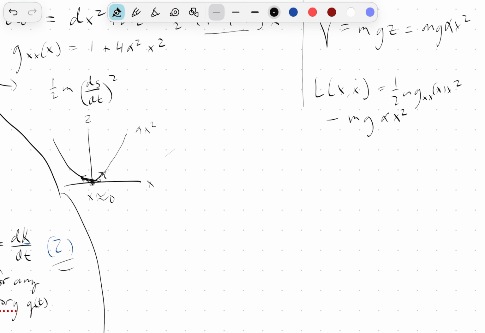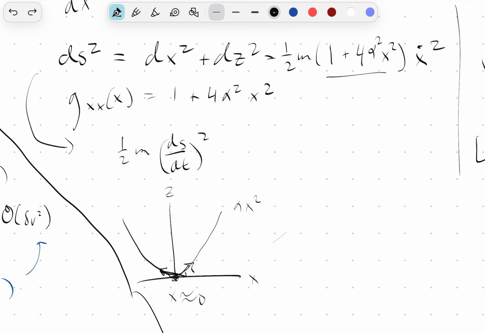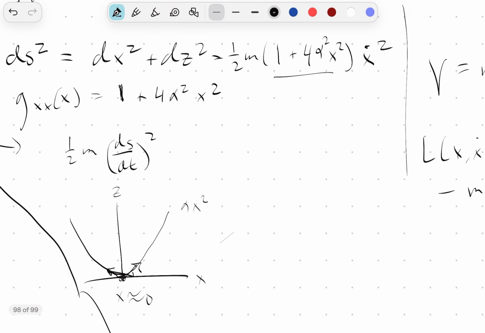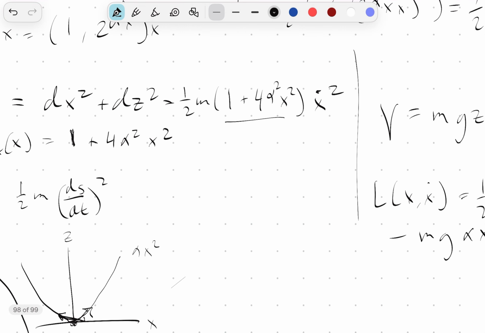The free particle is going to be harmonically oscillating, it's going to be approximately Euclidean itself. The metric is going to be Euclidean, because if you plugged in x equals 0 there, it would just give you the... did I do this right? There's a mistake here.